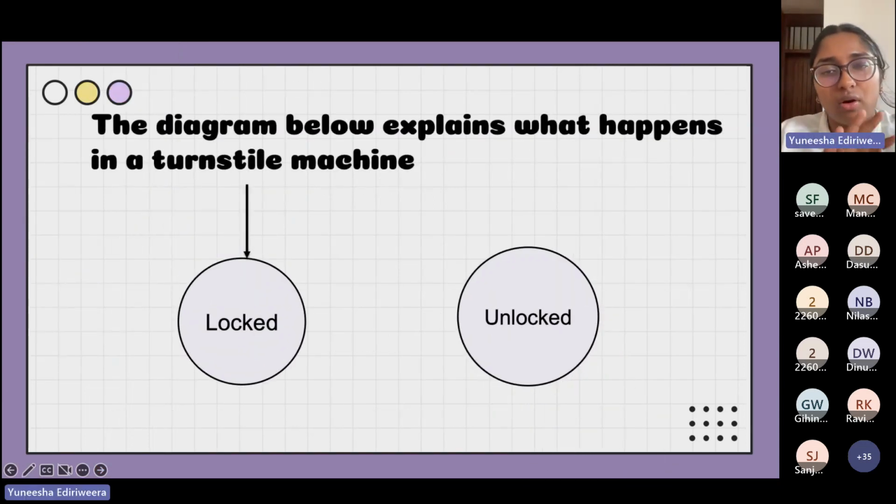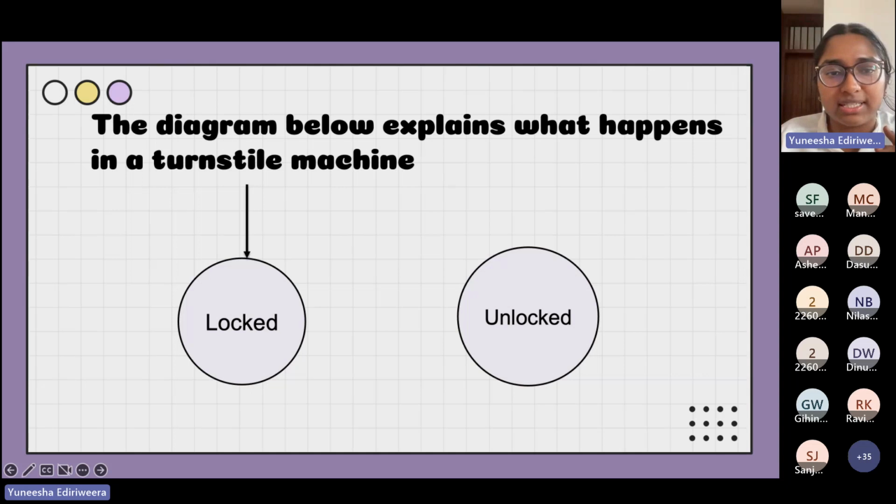Now that we understand all the components of a state transition diagram, let's look at the same example, but in the graphical representation way. In the previous example, we had two possible states, the lock state and the unlock state. And I told you earlier, the initial state is represented by an arrow pointed at the circle. So the initial state in our turnstile gate is locked.